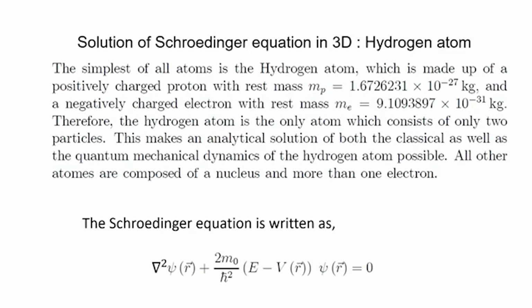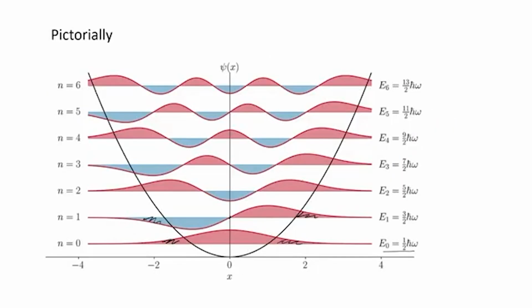Okay. The next problem that we want to do is the solution of the Schrodinger equation in 3D, and precisely what we will do is the hydrogen atom. Let me just go one slide back and introduce a 2D harmonic oscillator. What do you think this would be? Would it have any special feature as opposed to what we have seen here?